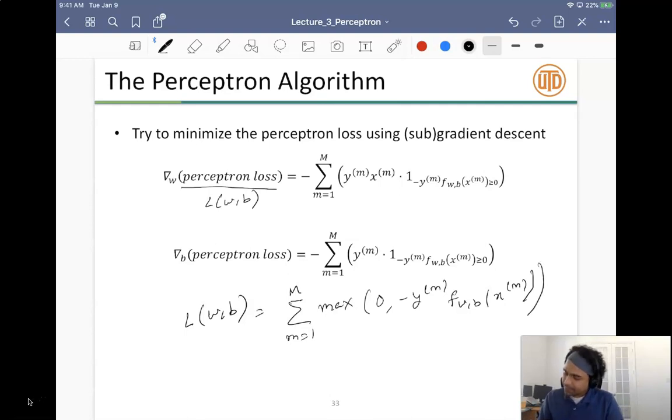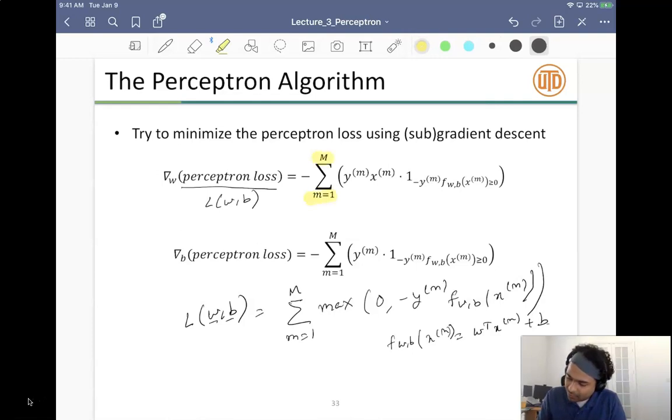Over here, f of w comma b of x of m is exactly the linear function w transpose xm plus b, right? So w comma b are the parameters in this perceptron, right? And the sum over m is my sum on the training data.